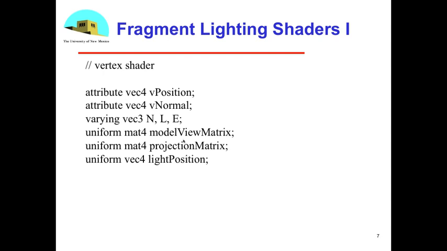But notice here that what I'm doing is computing the normals at each vertex in object coordinates and sending them out to the fragment shader, because the fragment shader is going to need the normal, the direction to the light source, and the direction to the vertex for each vertex that I process here, that will then be interpolated in the rasterizer. So these are now varying variables, because the computation is actually going to be done in the fragment shader.